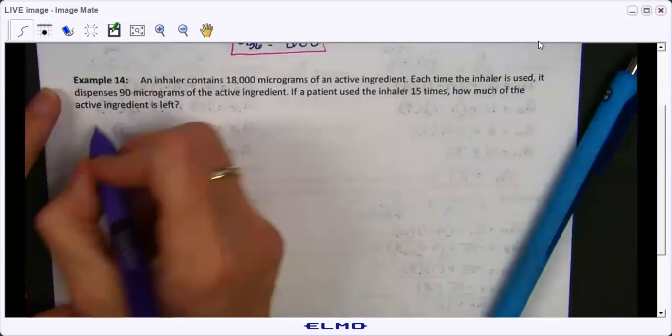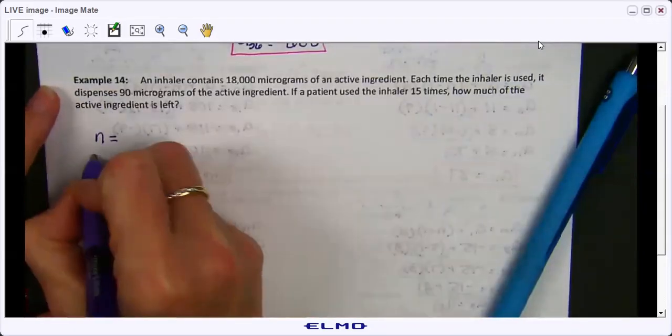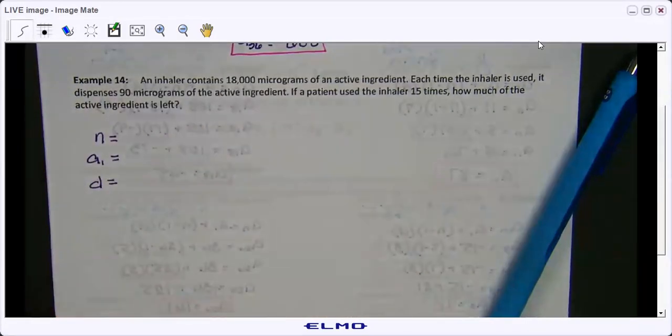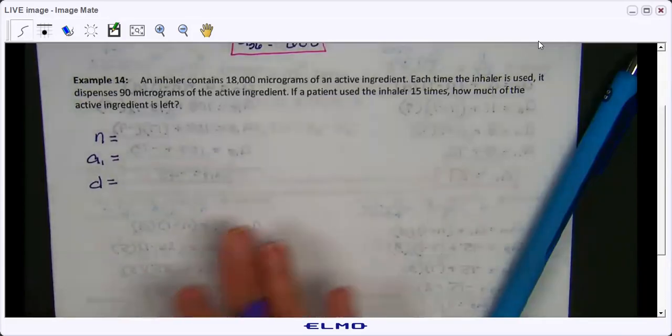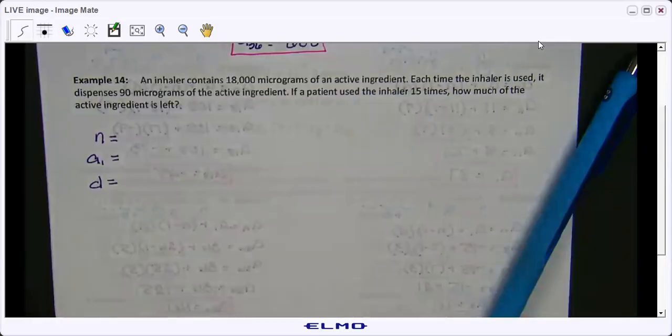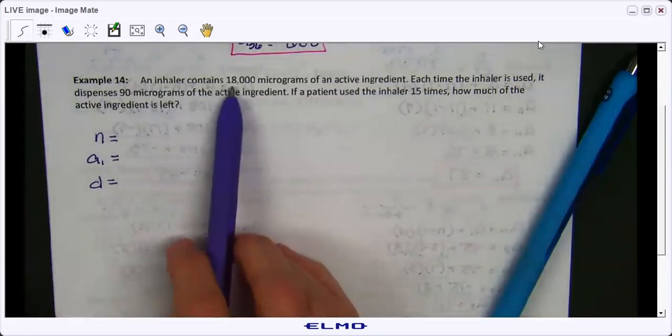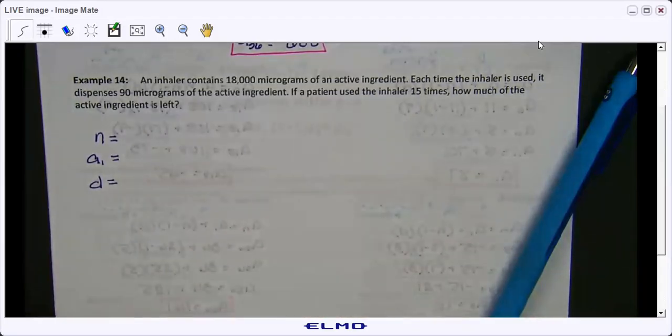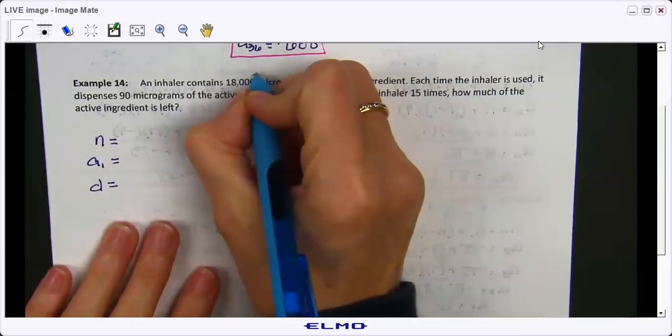So we need the term we're looking for, what we started with, and the common difference. In the first problem, because the common difference was adding, we took the original amount and added the 3 to it. Here, every time you use the inhaler, you're losing, or subtracting, 90 micrograms. So our starting amount isn't 18,000, it's 18,000 minus 90.